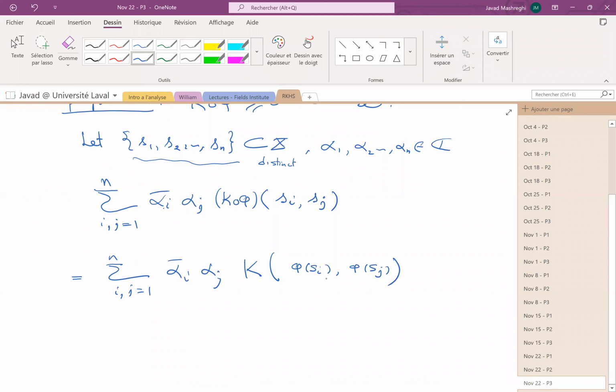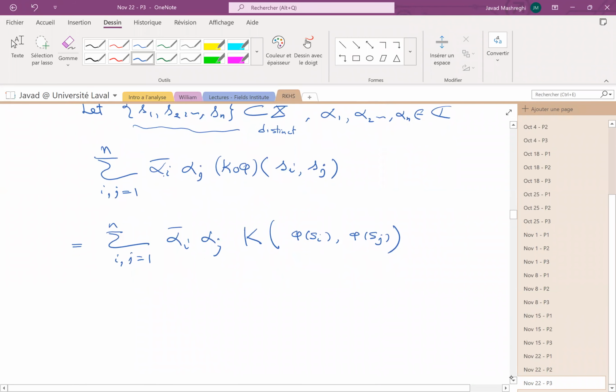There might be repetition among them. And that is why I defined this set A_k, the set of all indices i such that phi(si) is xk.